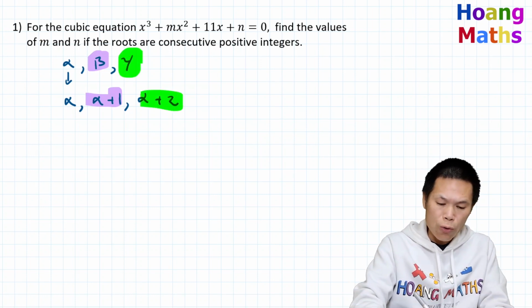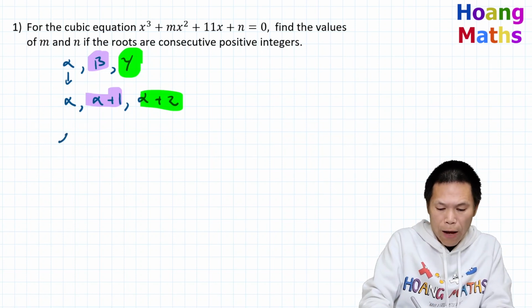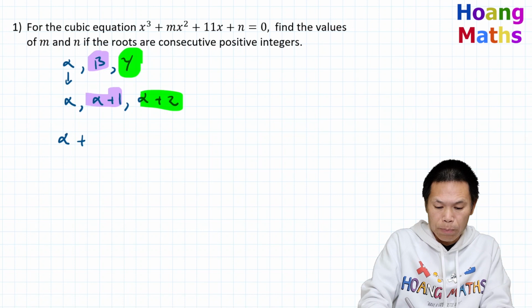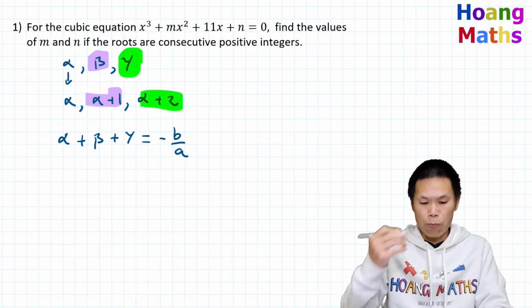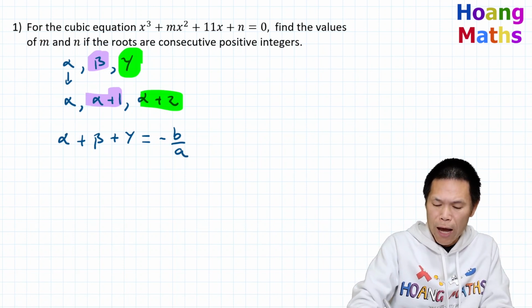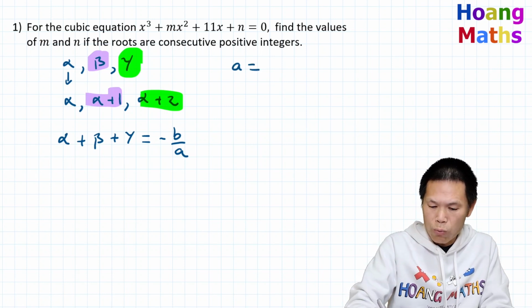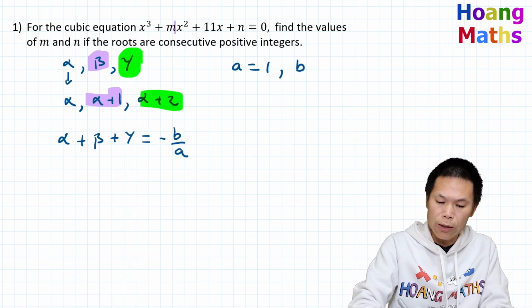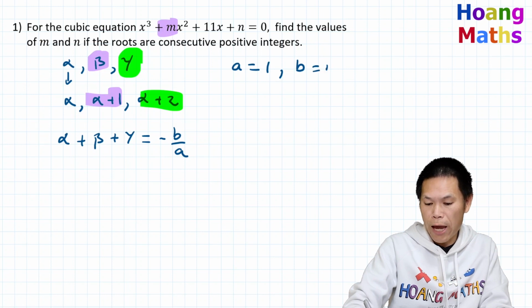So first of all, we know the sum of the three roots: alpha plus beta plus gamma is equal to negative b over a. And we know that in the cubic equation, a, the coefficient of x to the power 3, is equal to 1, and b, the coefficient of x squared, is m.